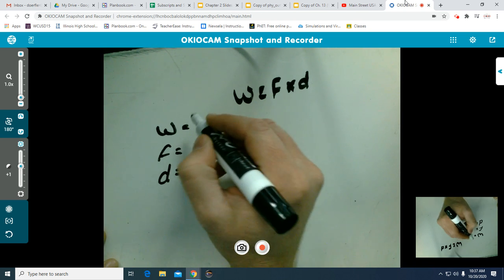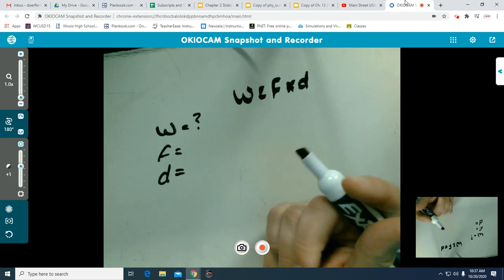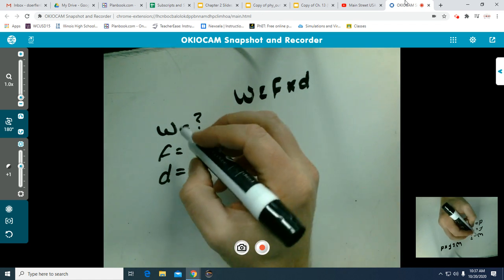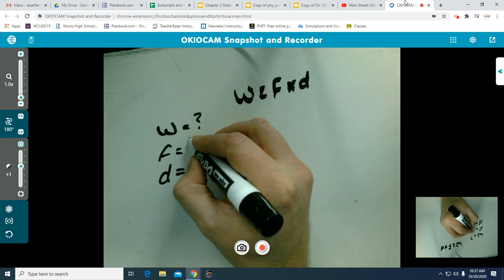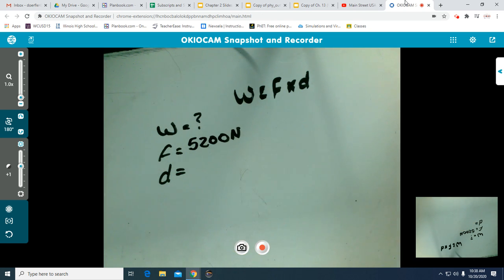We are told that we need to calculate how much work is done. First of all, you want to ask yourself, well, can we even calculate work if there's no movement, if there's no measurable distance? Okay, because if there's no measurable distance, then your work would be zero because of the arrangement of the formula here. So the force in question was 5,200 newtons, correct?